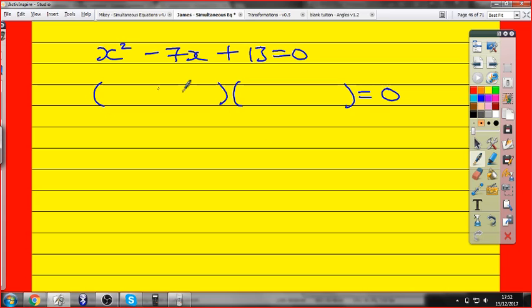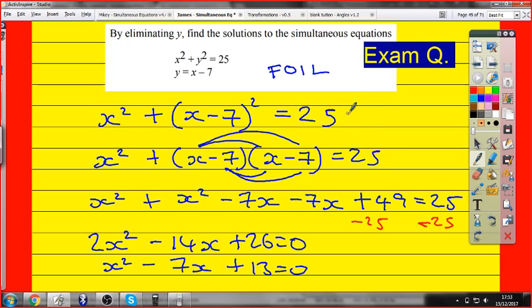No. Well, what times what will give x squared? X times x. So those will go there. And then for the other two, we need two numbers when you're doing the FOIL, the last two. They multiply to give 13 and they add to give minus 7. And is that right? They multiply to give 13. That can't be right. Let me check.